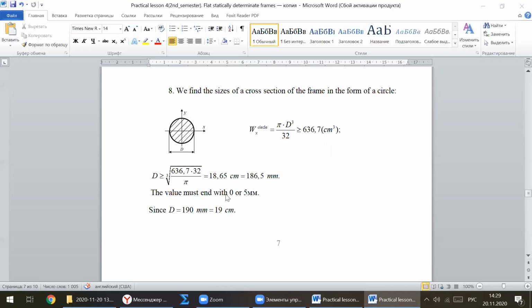Since D is equal to 186.5, this value should end with 0, bigger than this value, so 190 millimeters and 19 centimeters.